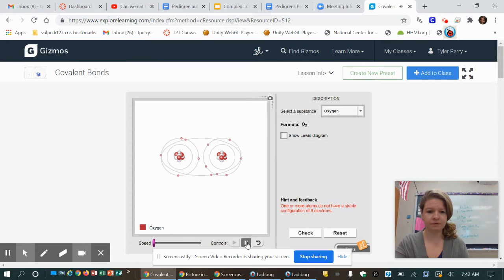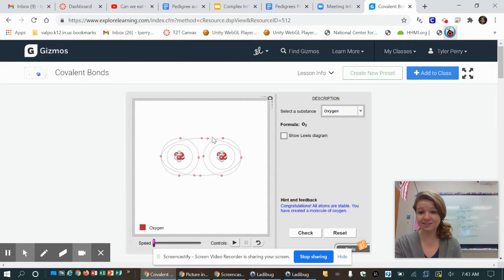Oh man, I am having a hard time counting these electrons. So when we do it this way, you'll see 1, 2 atoms are shared, and then 3, 4 atoms are shared.